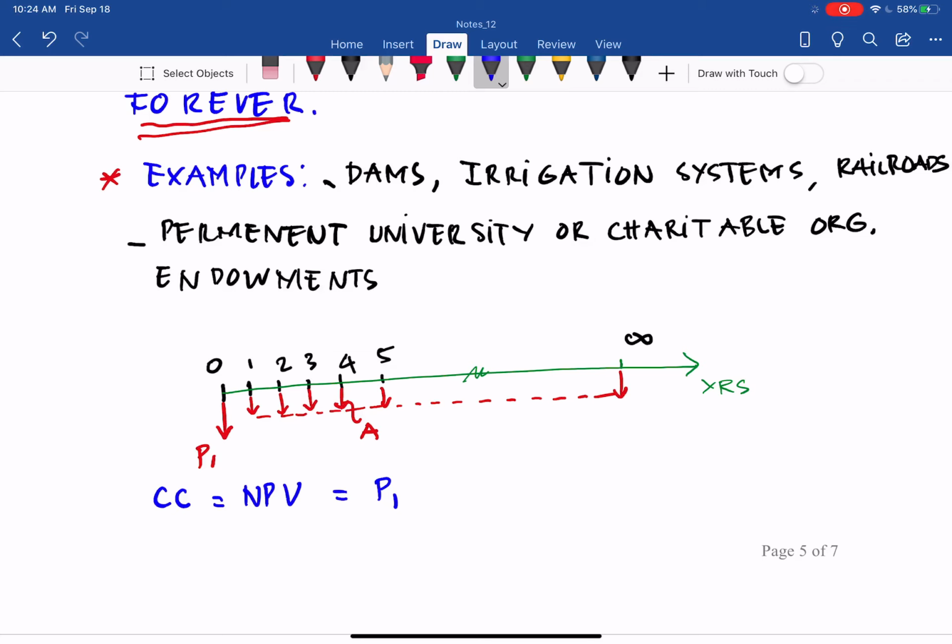Then we add the annual cost A times the factor, in this case P over A, because we convert to present value, which is how capitalized cost is defined, at i%, whatever i% we have to evaluate, for how many years? Infinity years.